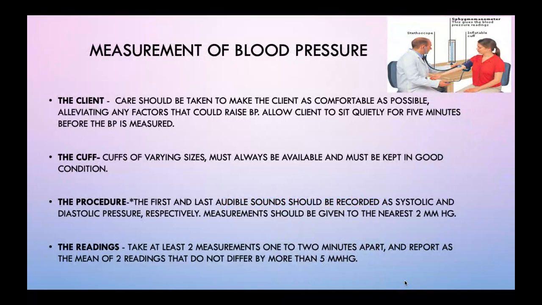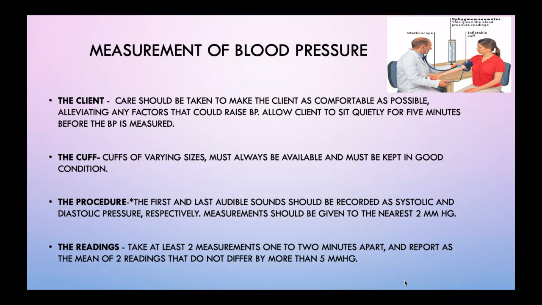In terms of measurement of the blood pressure, we all have a fair idea as to how to measure the blood pressure. But just some key points to note with respect to the client, the cuff, the procedure, and the readings. Care should be taken to make sure that the client is as comfortable as possible, alleviating any factors that could raise the blood pressure. Allow the client to sit quietly for 5 minutes before the blood pressure is measured. Cuffs of varying sizes must always be available and be kept in good condition.